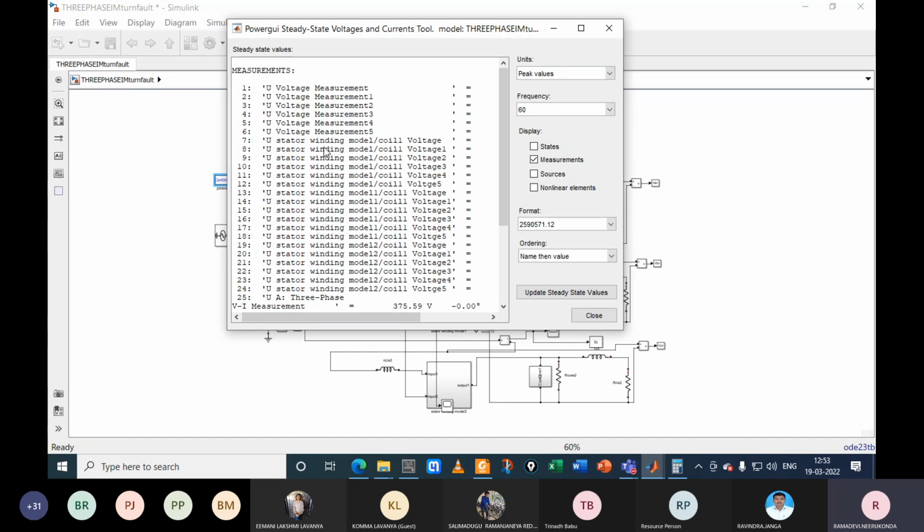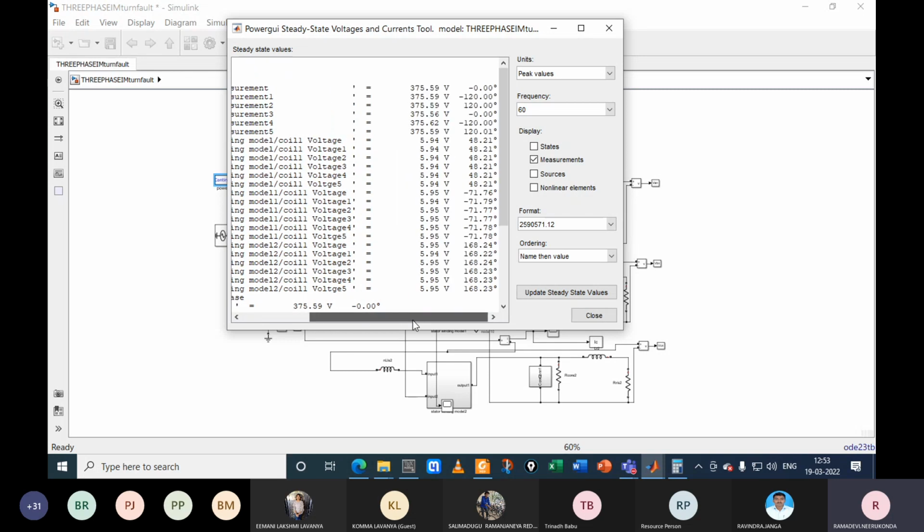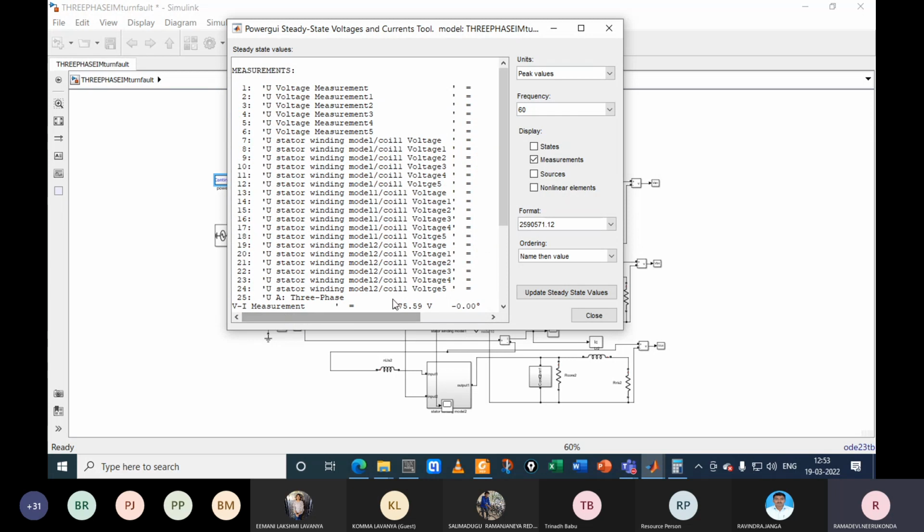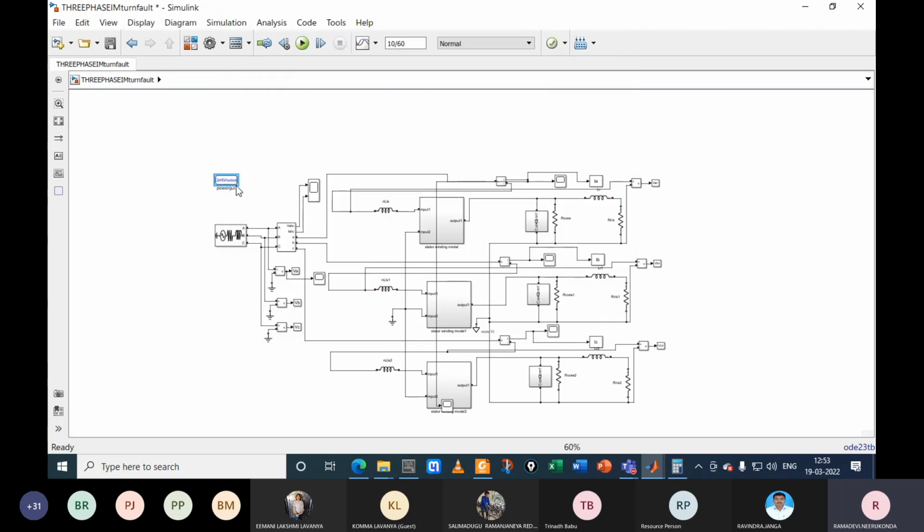So for the stator winding coil, this coil 1 voltage measurement is represented in the stator windings of R, Y, B. So those coil level voltages are represented here. So like that we have to see the information.